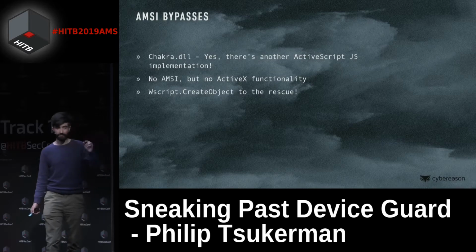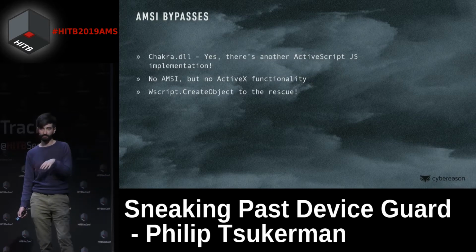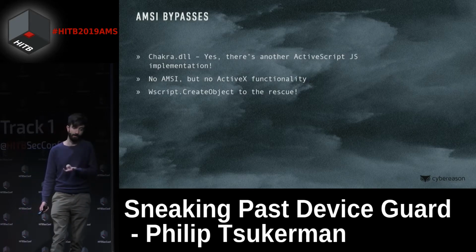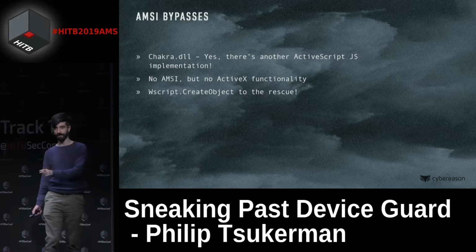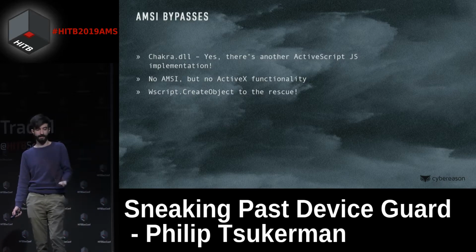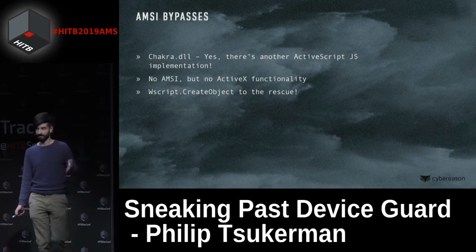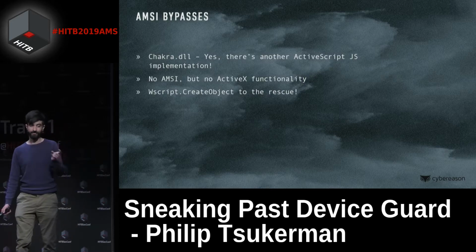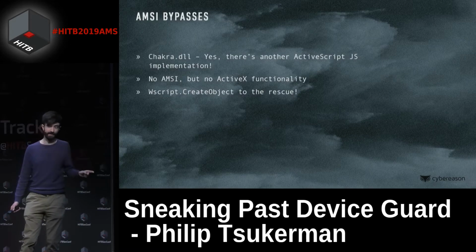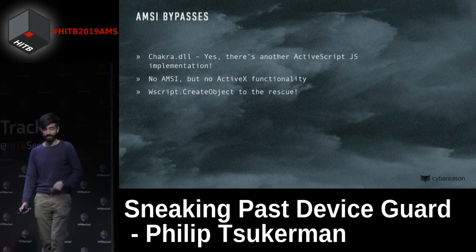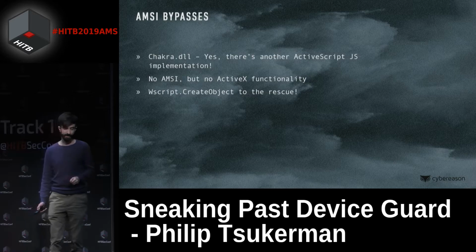But actually, if you run it under CScript or WScript, those executables will provide you a method called wscript.createObject, which will still allow you to create any COM object that you want. Now, this will not work as a Device Guard bypass because wscript.createObject is instrumented by Device Guard. But it still gives you another nice AMSI bypass.